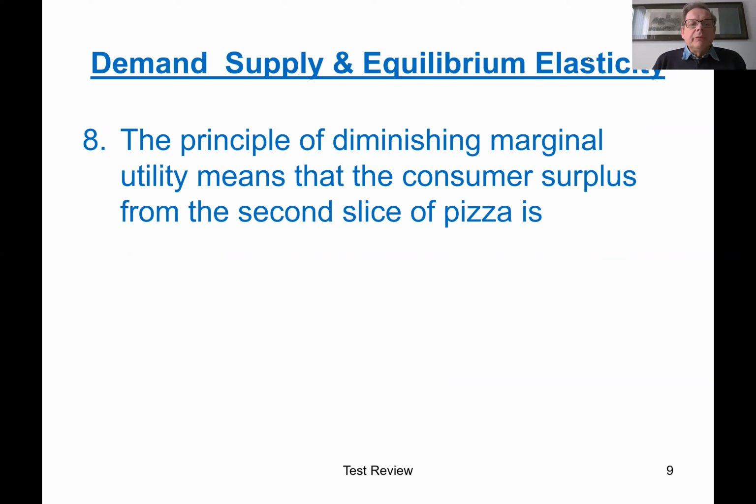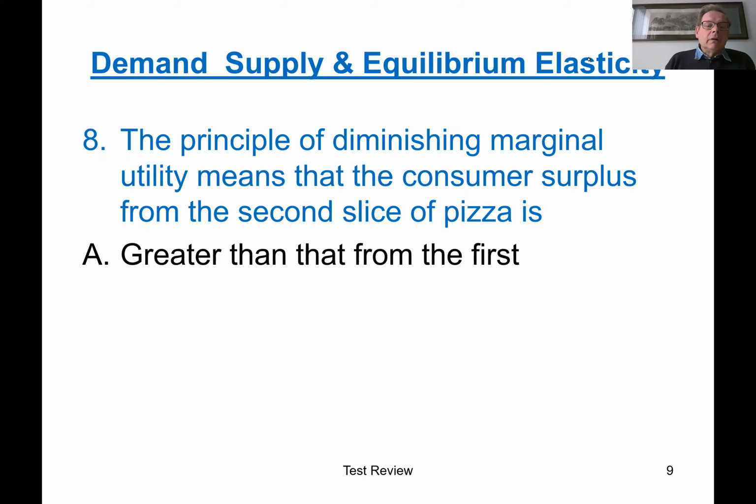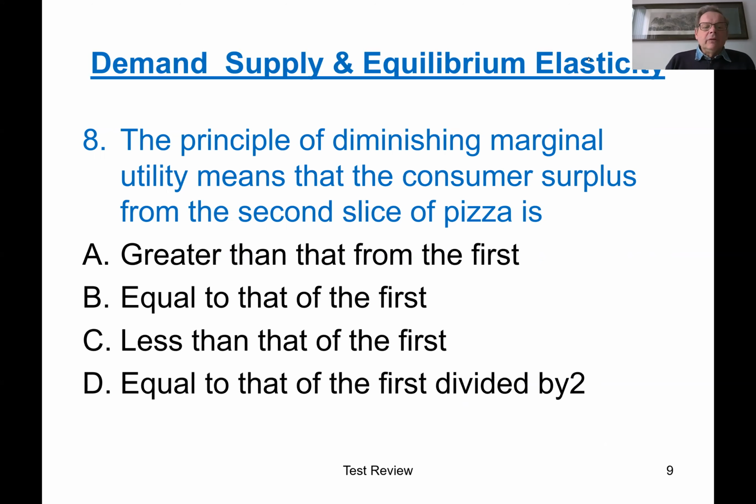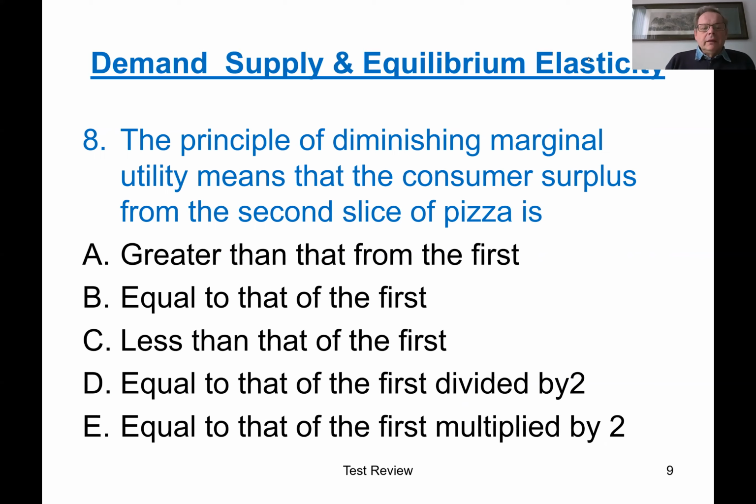Number 8, the principle of diminishing marginal utility means that the consumer surplus from the second slice of pizza is blank, or is going to be A, greater than the first, B, equal to that of the first, C, less than that of the first, D, equal to that of the first divided by 2, and E, equal to that of the first multiplied by 2.